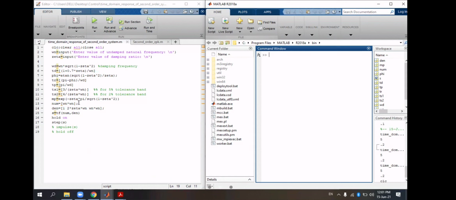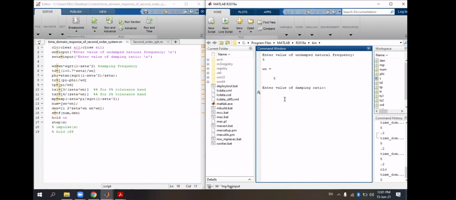Now we will run this program. It will ask us to enter the value of undamped natural frequency, so we will take it as 5. Then it asks to enter the value of damping ratio. These time response specifications are calculated for underdamped systems only, so we need to enter zeta between 0 and 1.